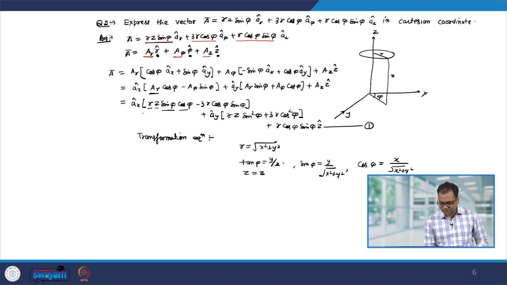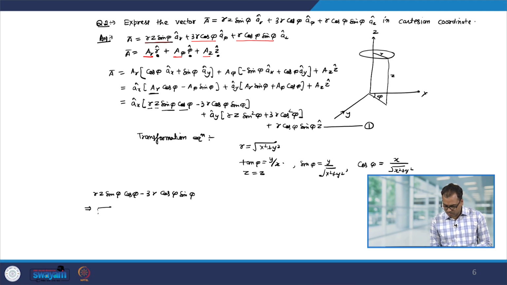So let us look at the first term, the coefficient of ax cap. The coefficient of ax cap is rz sin phi cos phi minus 3r cos phi sin phi. So let us put the values. r is square root x square plus y square, z is z, and sin phi is y over square root x square plus y square, and cos phi is x over square root x square plus y square.